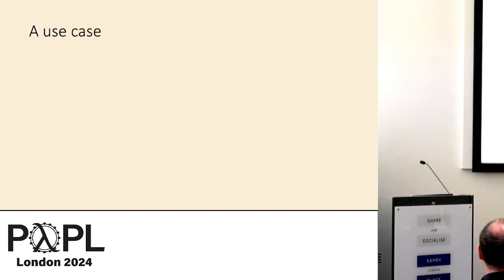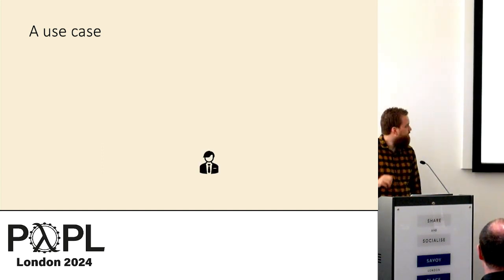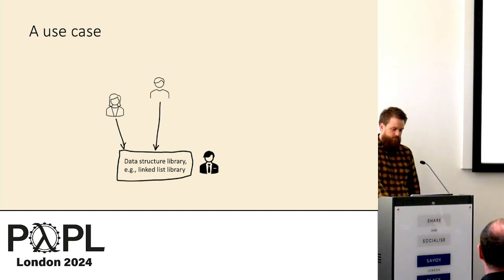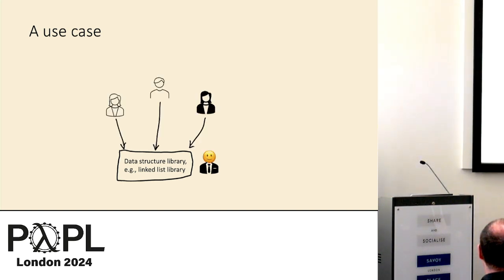Let's start with an example use case to get some motivation. So this is you, and you're all dressed up because you have built a reusable library, for example, a linked list library. And these are some people, and you're happy because these people want to use your library.